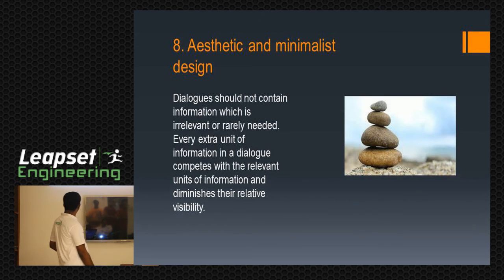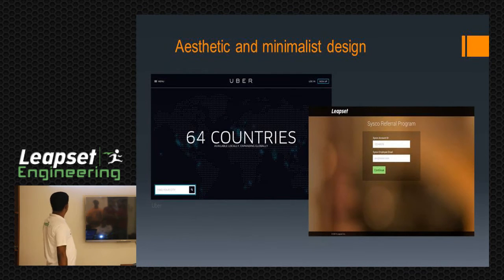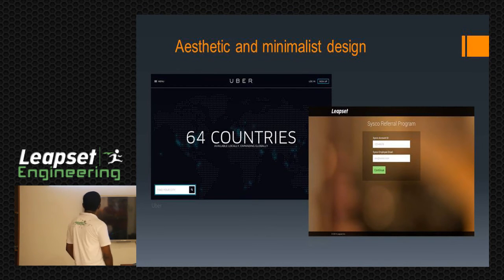Let's see some examples. These are the same set of applications, Uber and Sushi. These interfaces show the minimum and optimal set of information the user needs to perform some activity on the screen.